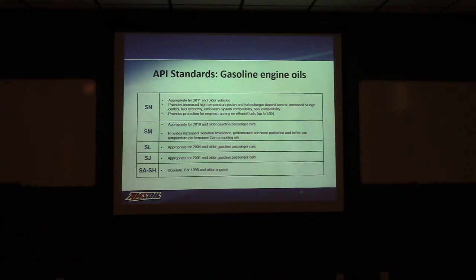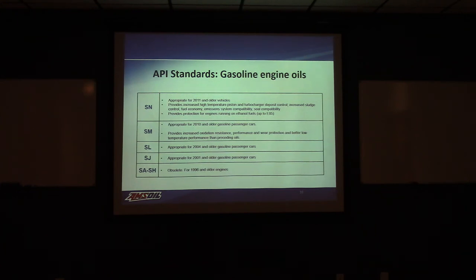Compatibility with ethanol, for example, deposit formation, thermal stability in turbochargers, increased operating temperatures, fuel economy. They're always pushing better fuel economy. And as the demands and requirements increase, they have to go to different standards to ensure that quality of product is being used on it.